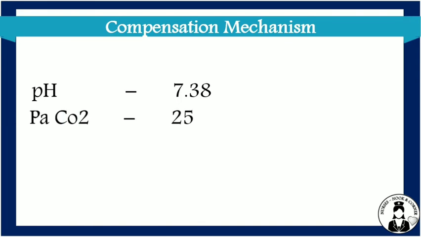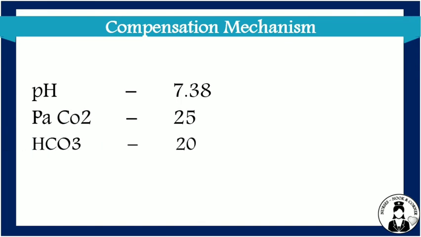pH is 7.38, PaCO2 is 25 and HCO3 is 20. Here you can see in the same way the PaCO2 is decreased and HCO3 is also decreased, but pH is near to the acidic side, that is 7.38.